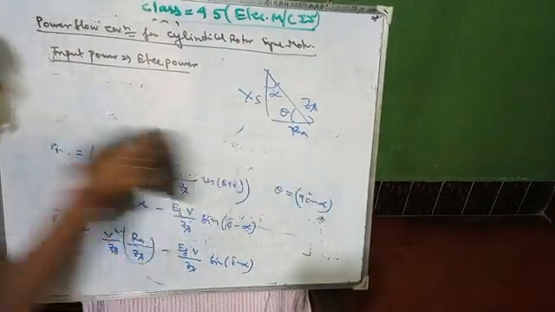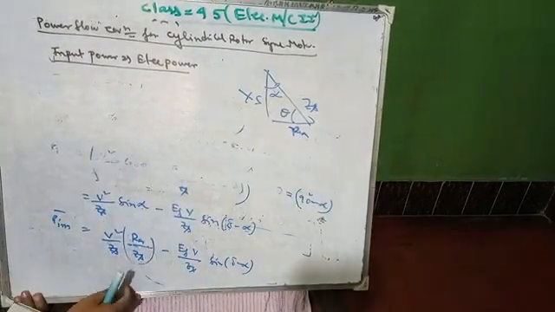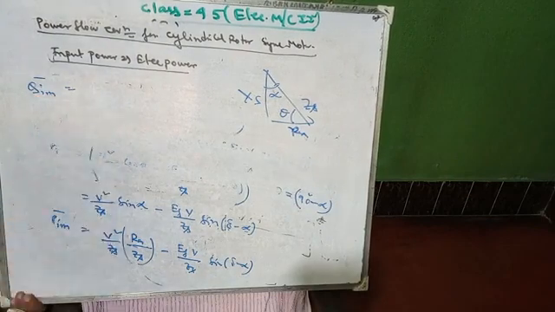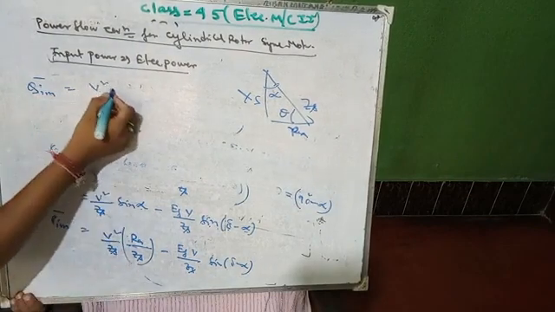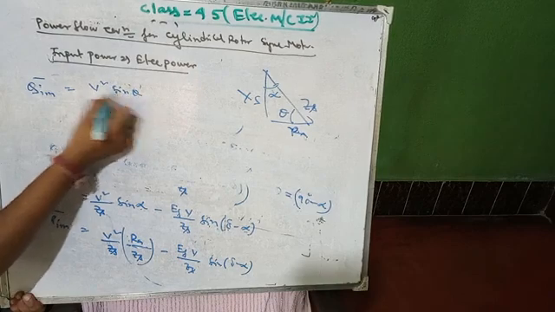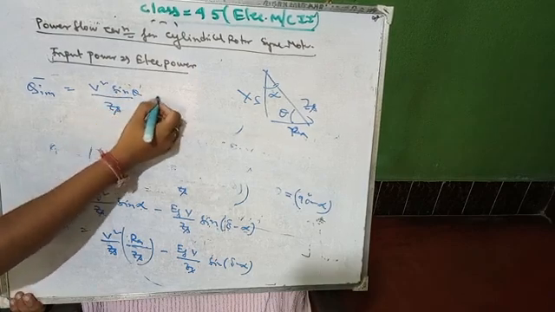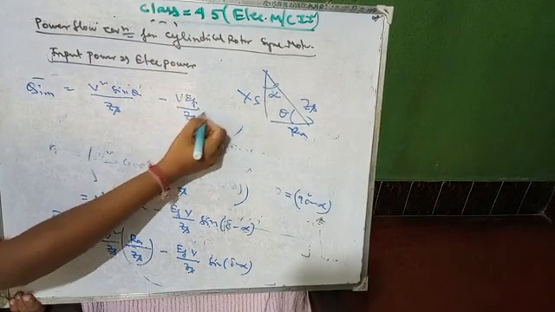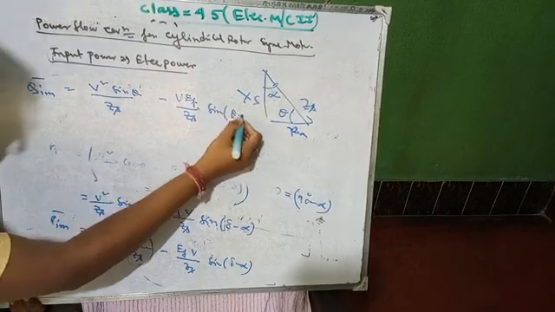And the reactive part of the input complex power is QIM. Similarly, you can find that QIM equals V square sine theta by ZS minus V into EF by ZS sine theta plus del.